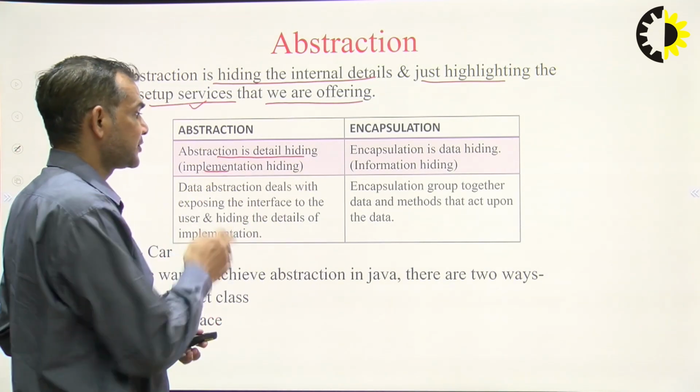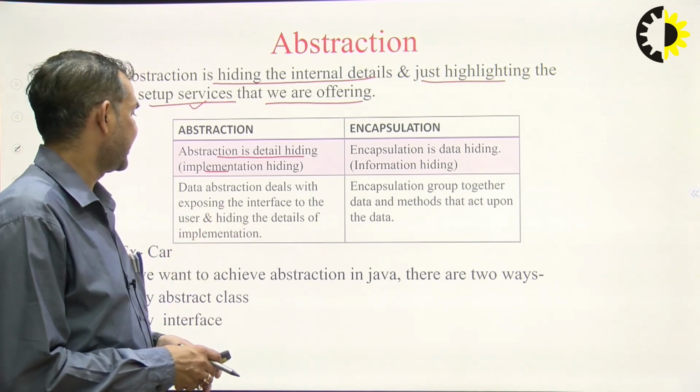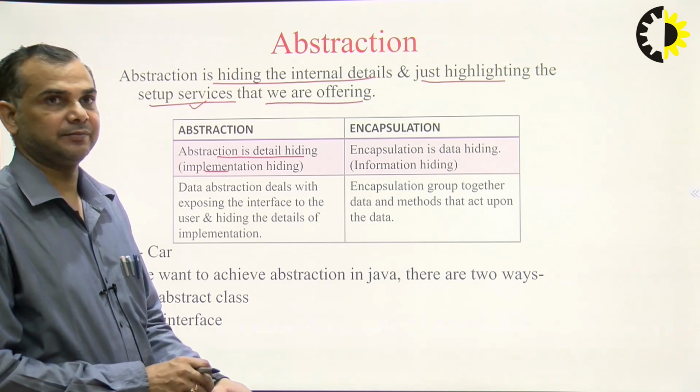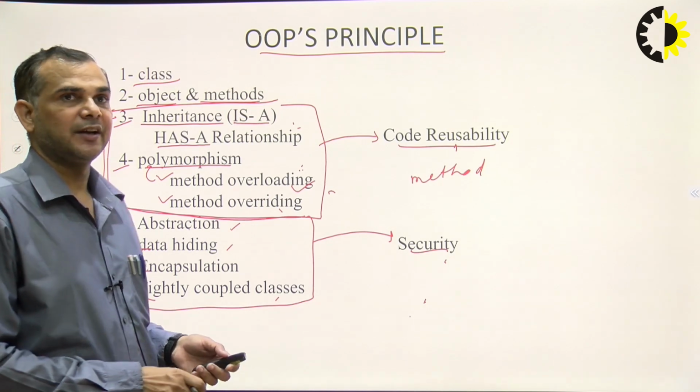Second one, data abstraction deals with exposing the interface to the user and hiding the details of the implementation. Okay, so these all principles we will discuss in the next class. Thank you.